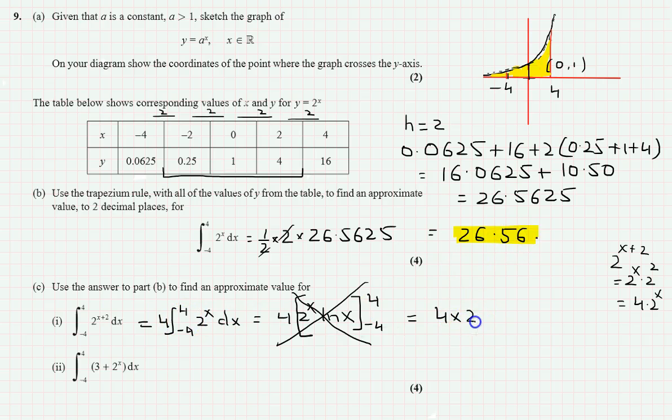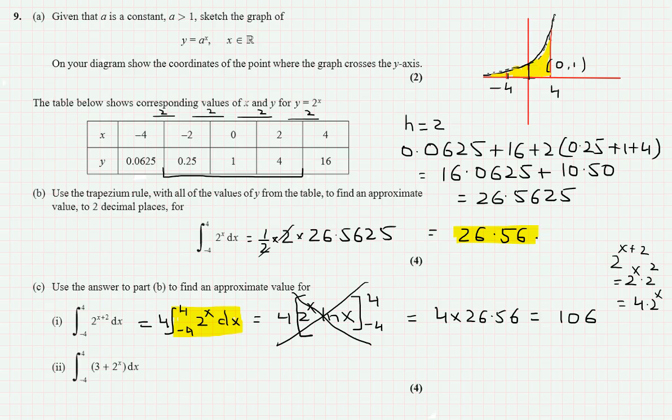So 4 multiplied by 26.56, the approximate value, is 106. Have you seen, we have used this value from the previous question. That's why I'm saying use the answer to part B.